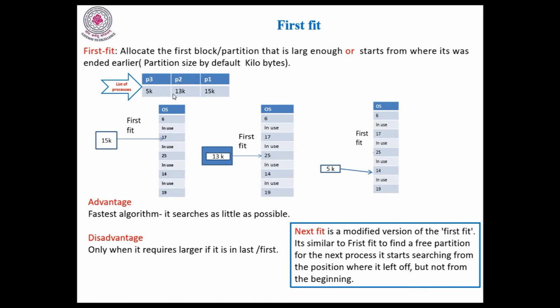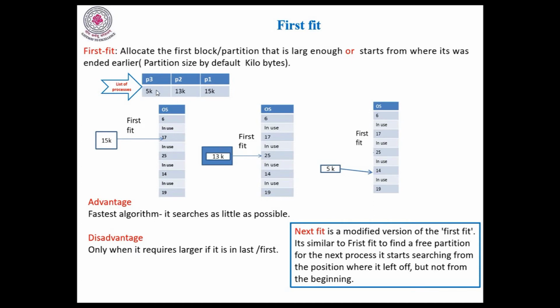The next process P2 requirement is 13K, so I have to move to the next freely available partition. 13K less than or equal to 25K, condition is true. Then I load into this partition. Here also there is certain unused memory: 25K minus 13K, that is unused memory, internal fragmentation.